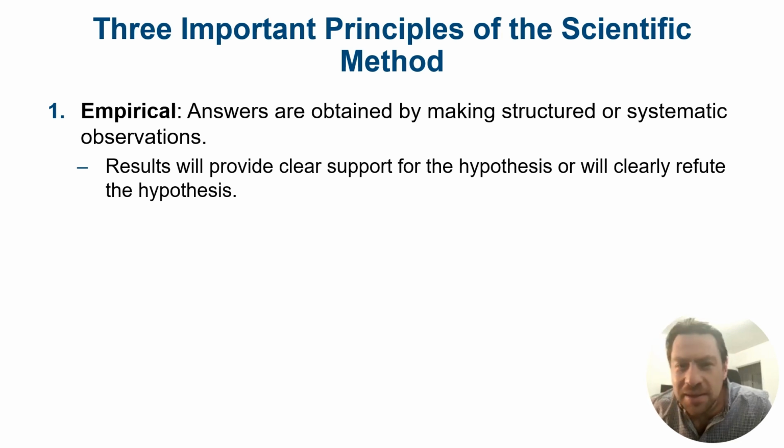However, you can't simply rely on ordinary observations. Rather, you have to use structured or systematic observations, which typically requires running an experiment, creating a situation that allows you to test your hypothesis against reality. So in our example, we didn't simply observe people using profanity.